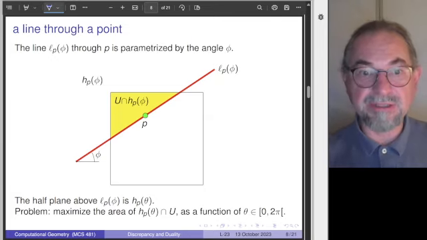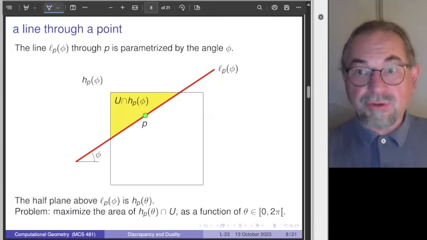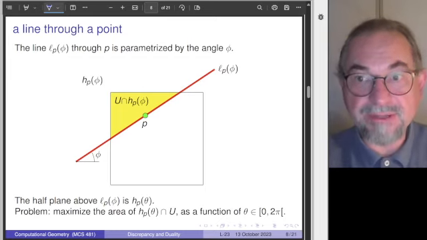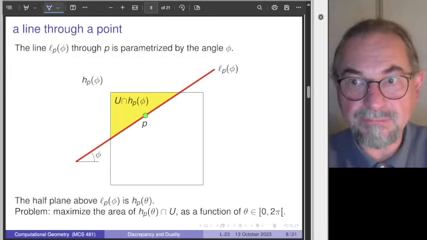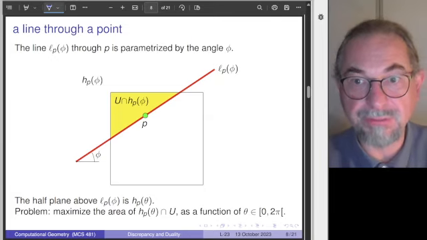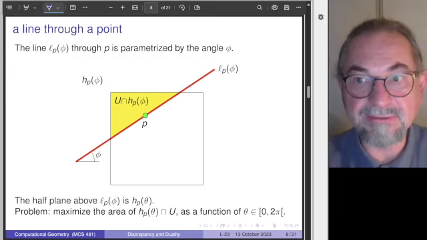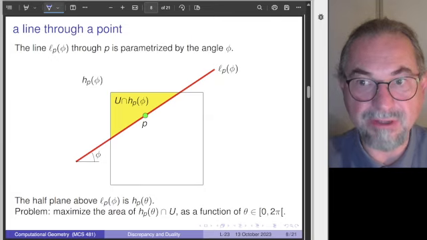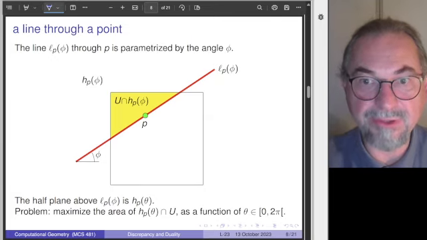It is the maximizing of the area. That also corresponds to the original problem on the half-plane discrepancy. So we want to maximize the difference between the area, here the yellow area, and the estimate, which is the ratio of the samples that are in the half plane and in the unit square.